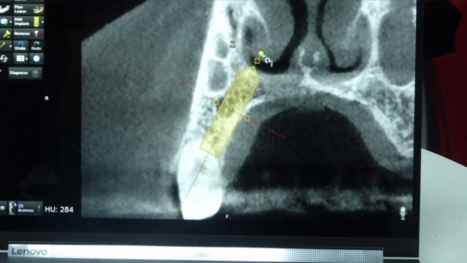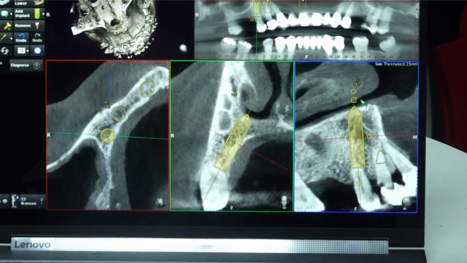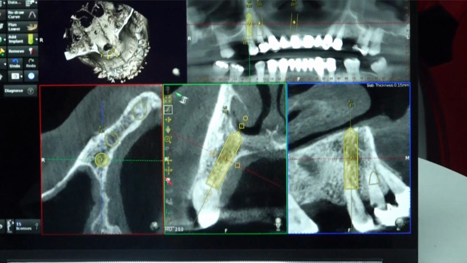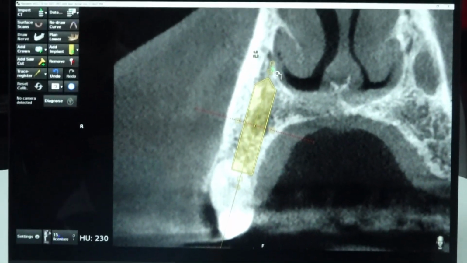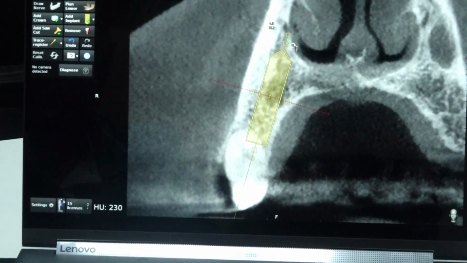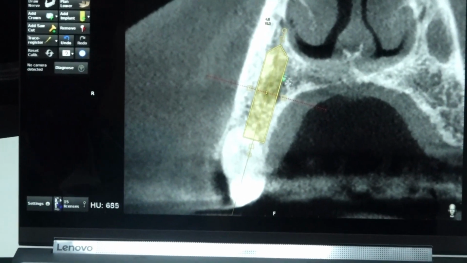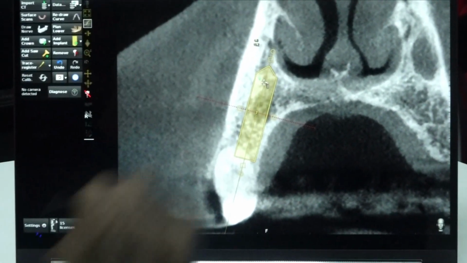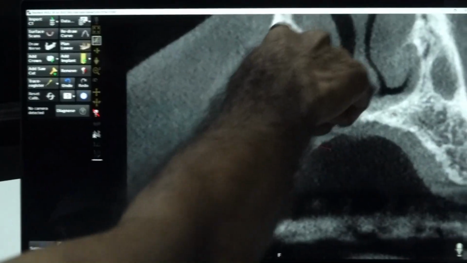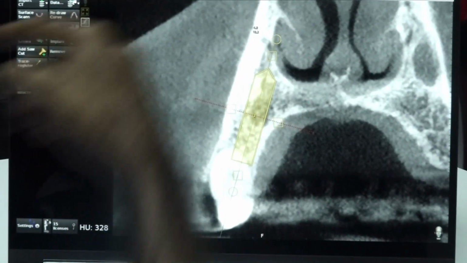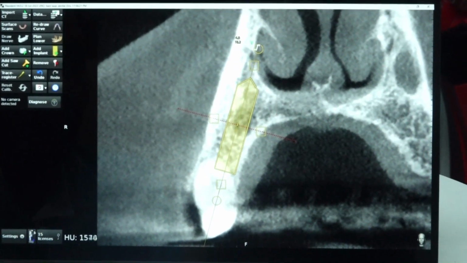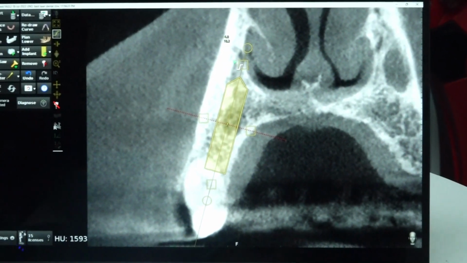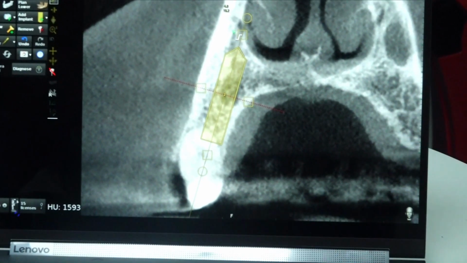If I am tilting more mesially, I can come a little bit buccal also. I have the freedom; I can go palatal, I can go buccal. Especially if you come buccal, you will get good bone, as it is almost near the nasomaxillary buttress. The buccal area is good.